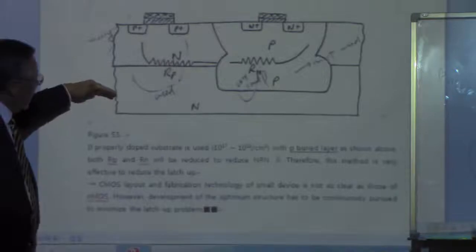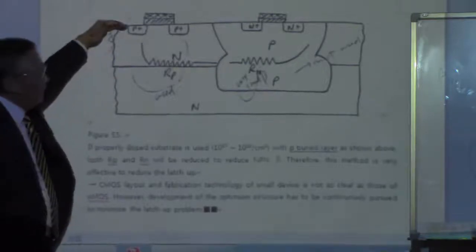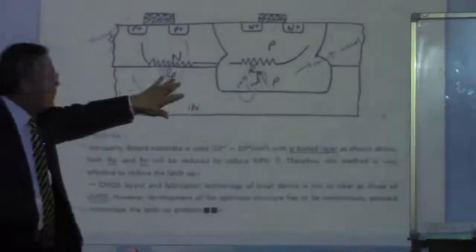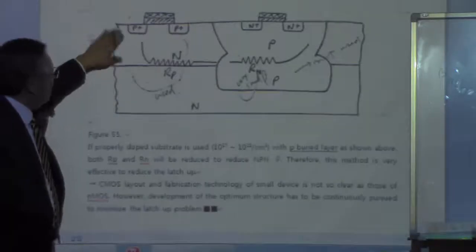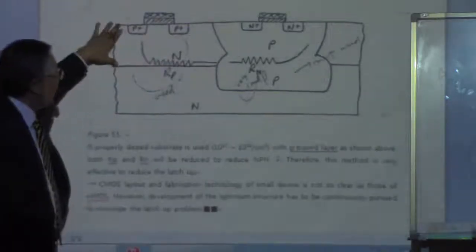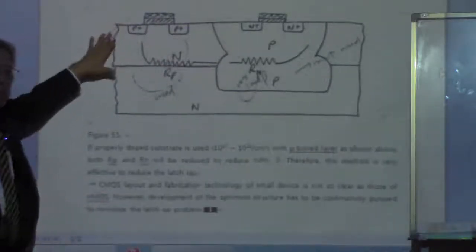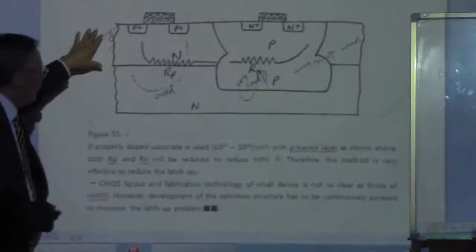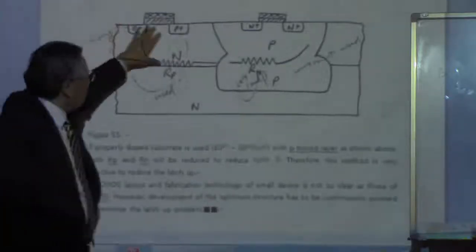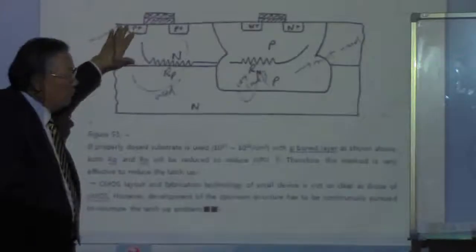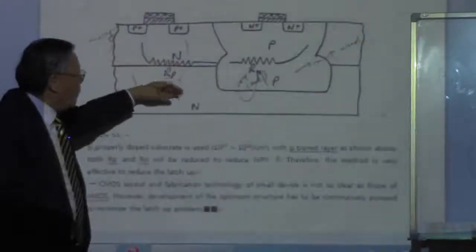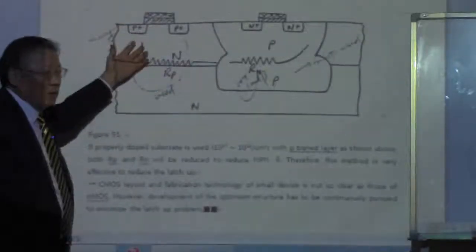We grow the epitaxial layer on the N substrate, okay? And this epitaxial layer is about 10 microns or so in thickness. And this epitaxial layer is going to be N-type because of the out-diffusion, okay?